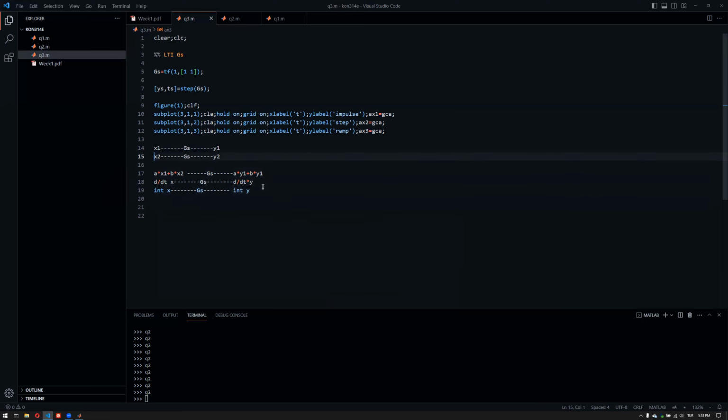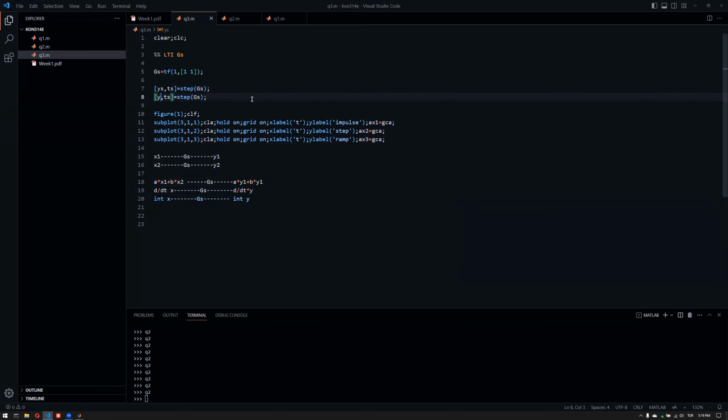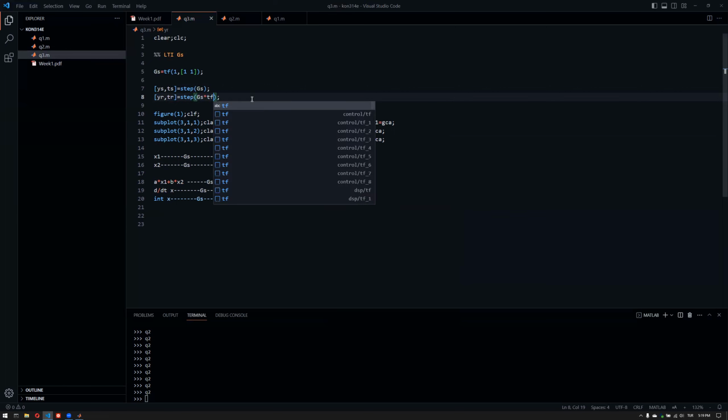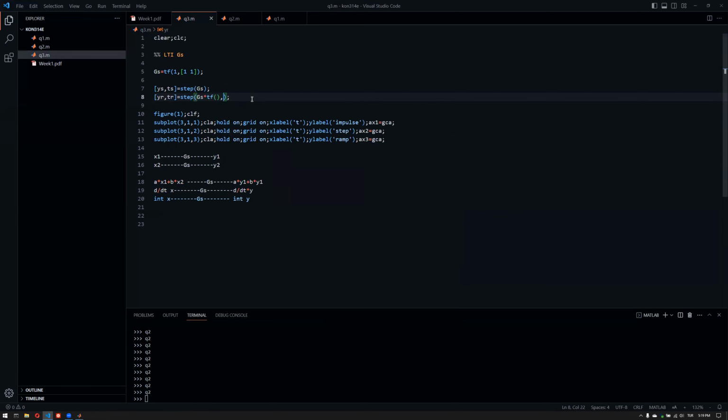And the way that we can utilize this is exactly here, where we have the step type input and we want to obtain the impulse or ramp response. So we know, or we should know, that the integral of the step response is basically the ramp response. So we can just add an integrator to the system.